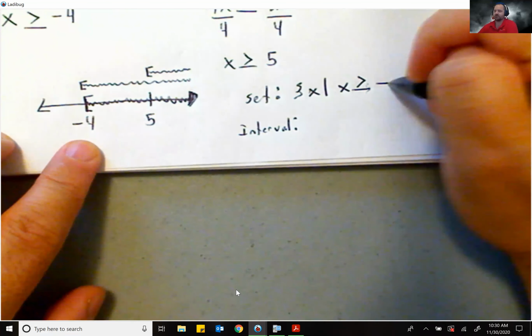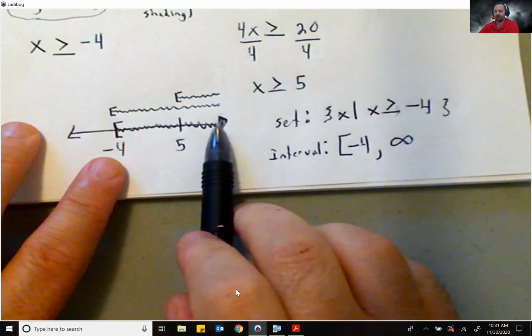All right, the interval, just write down what you see right here. So where does my interval start? -4. Bracket or a parenthesis? A bracket. You got it. See, because it's a bracket here. It's just what you see. Where does it go? To infinity, to the right. That's right.